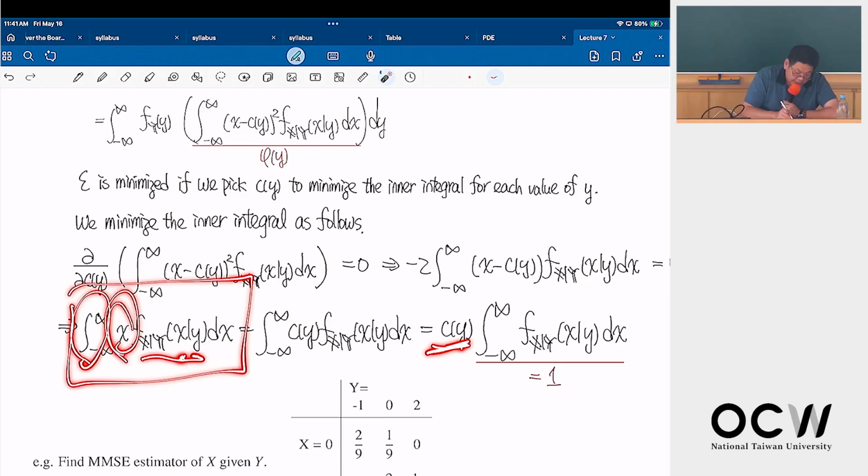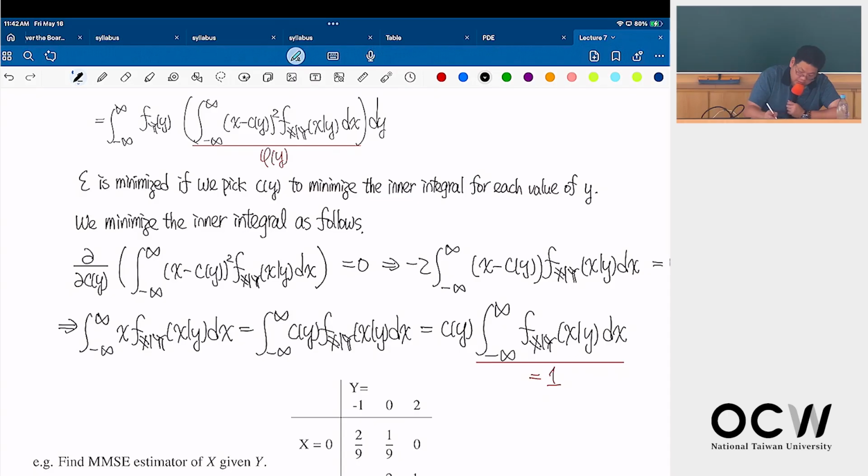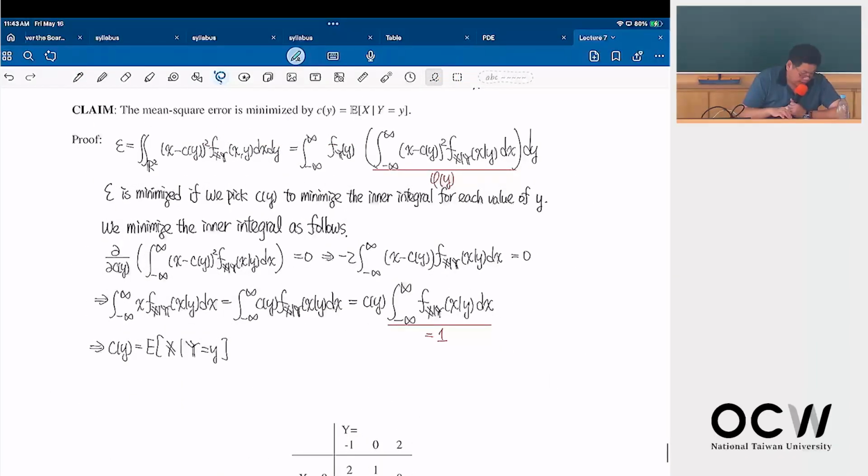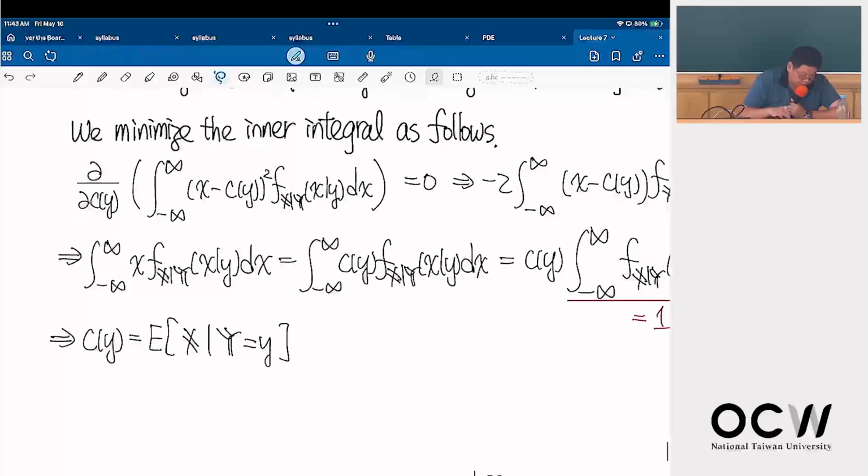This is the conditional expectation. So we get that c(y) should be the conditional expectation of X given Y equals some point y. And then we will use this notation.